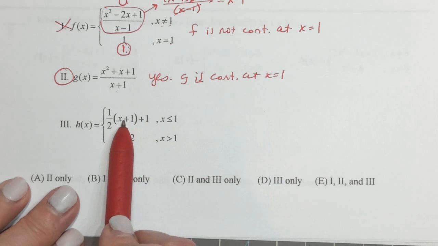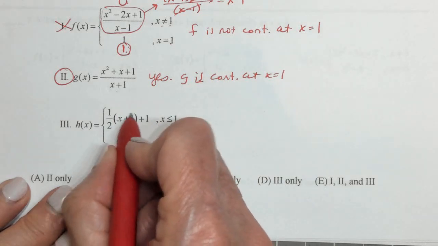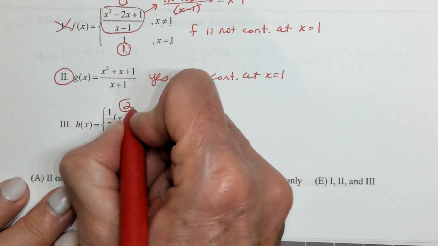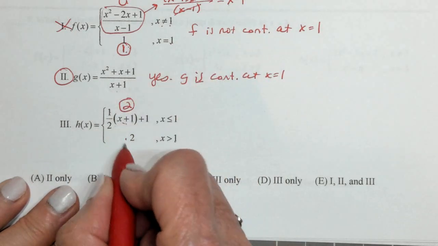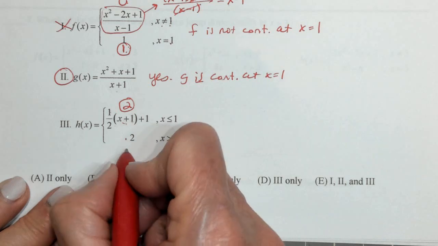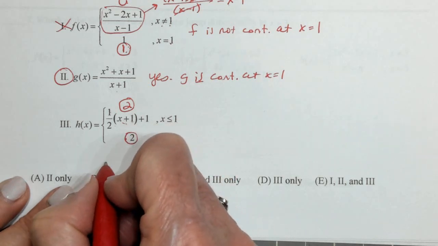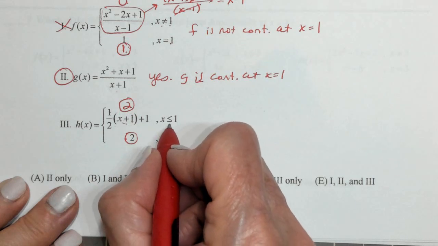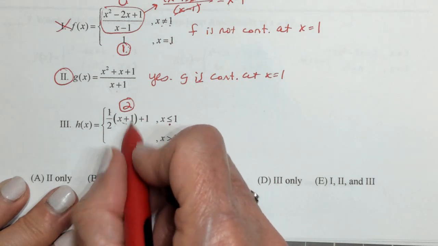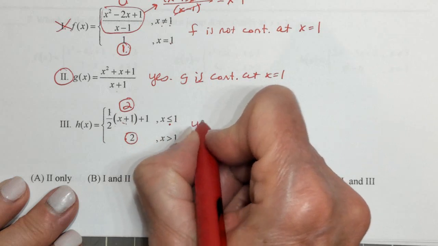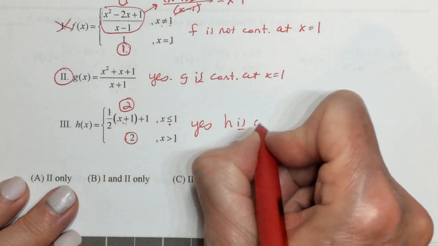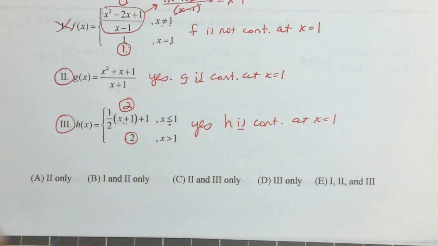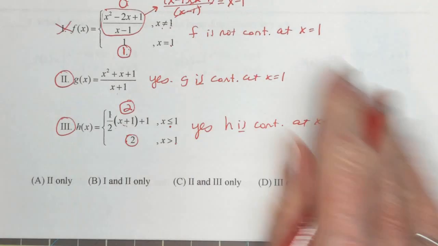Put 1 in for x, and I get 2. Half of 2 is 1, plus 1 is 2. There's no x to put 1 in for the other piece, so it's just 2. They are the same, and it's defined when x is 1. So yes, h is continuous at x equal to 1. So 2 and 3 are the right answers here. C.